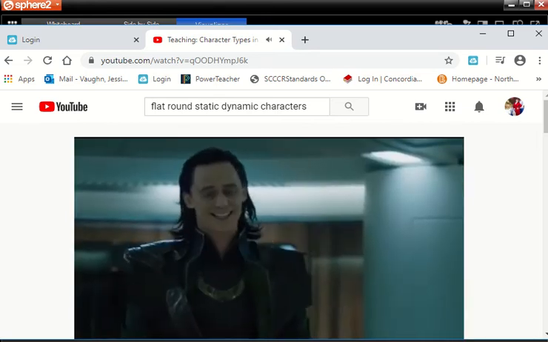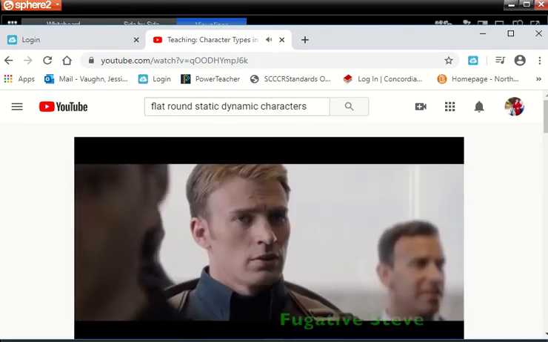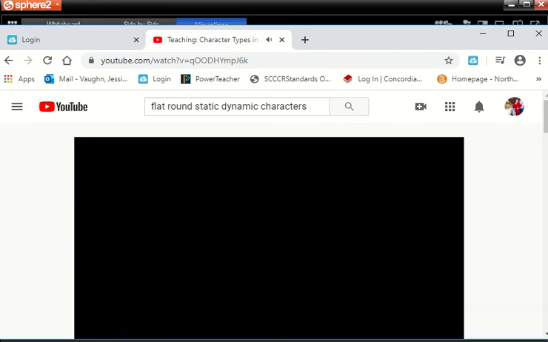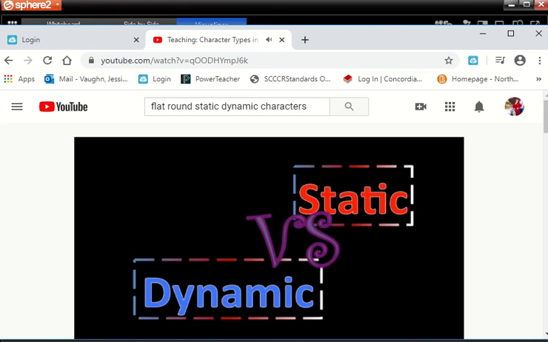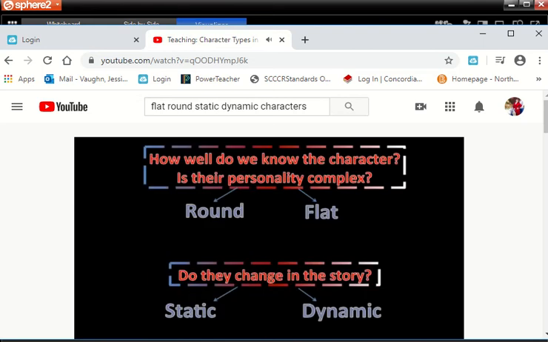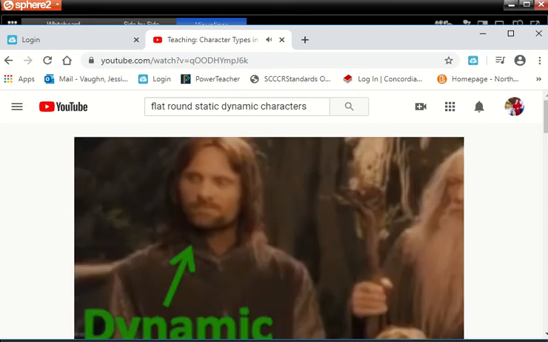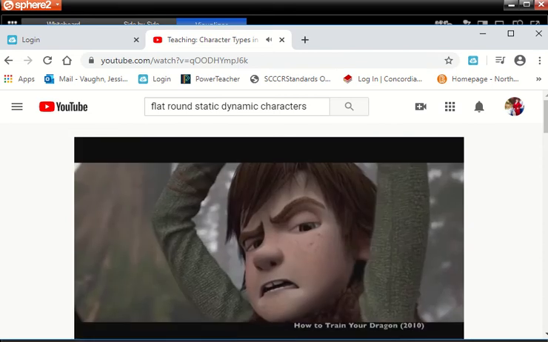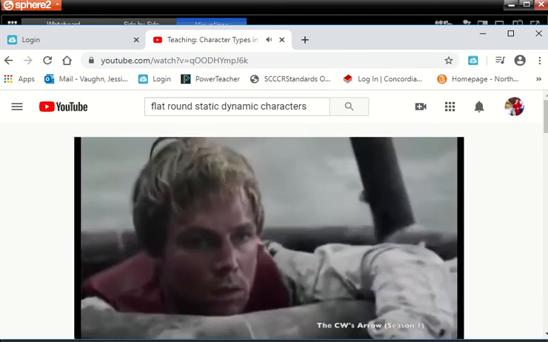Round characters display different emotions and personalities, so they don't behave the same in every scene. They are more realistic because, let's be honest, we go through mood swings. Dynamic characters develop or change in personality or opinions throughout the story. They learn a lesson or undergo some trauma that fundamentally changes who they are.